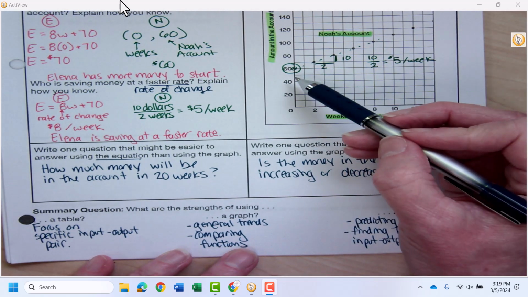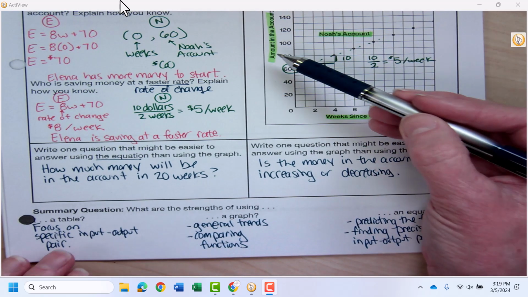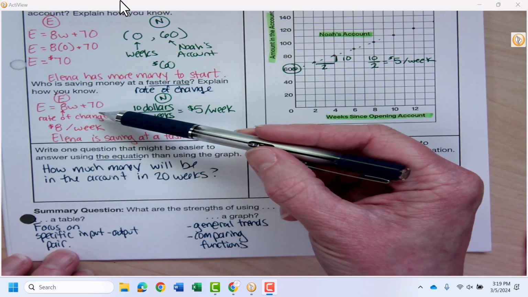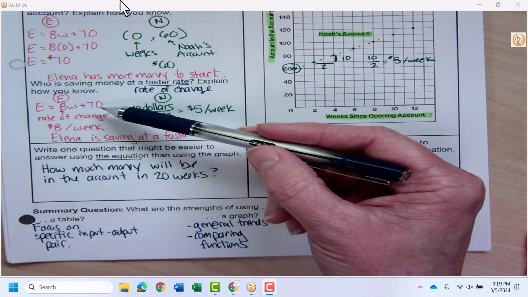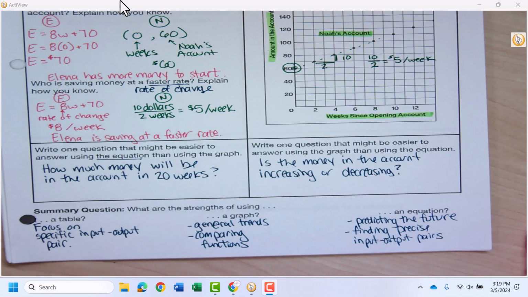If it's going up from left to right, I know that the amount of money in the account is increasing. I could figure it out from the equation that Elena had, but it's not visually obvious, that general trend.